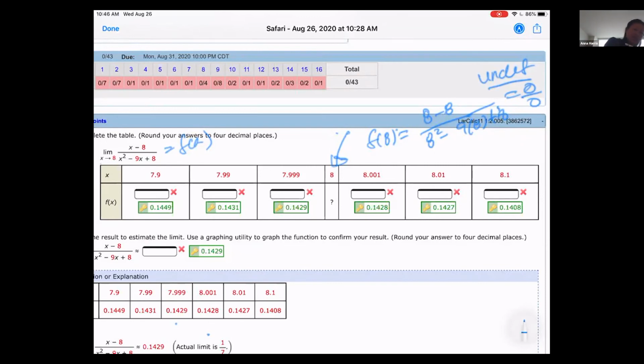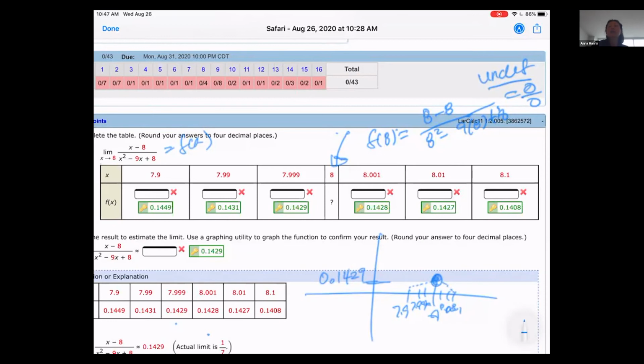All right, looking at this, this is my 8. I'm going to look at all these numbers: 7.9, 7.999, 8.1, 8.0001. When you look at this, all these numbers are approaching 0.1429 right here.